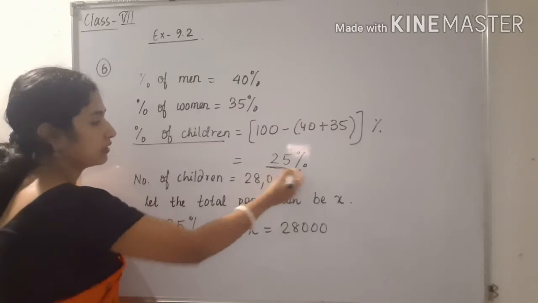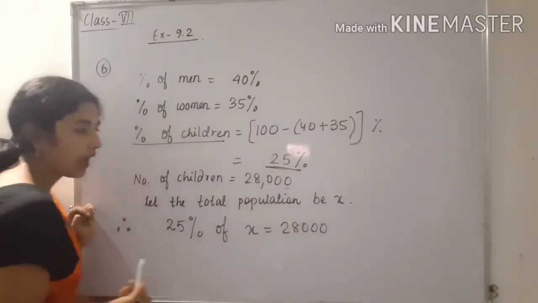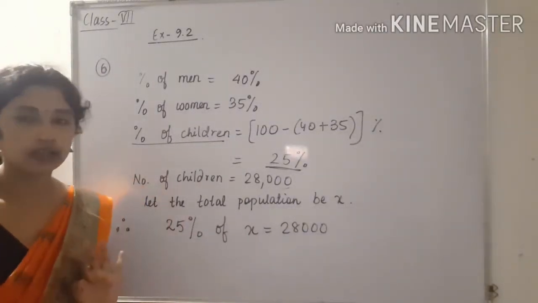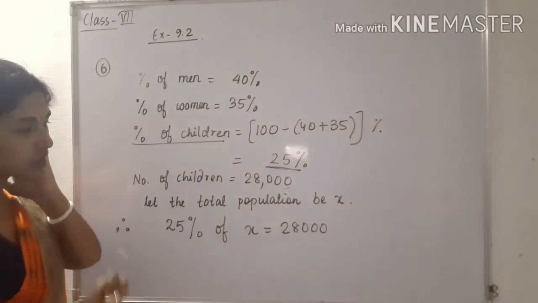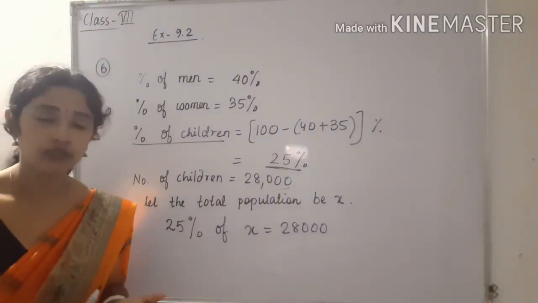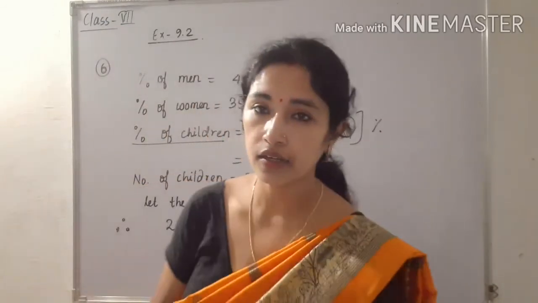Okay, 25%. The number of children is also given, that is 28,000, and we have to find the total population. So let the population be X. According to the question, we have learned three topics before this. One was increase and decrease in percentage.